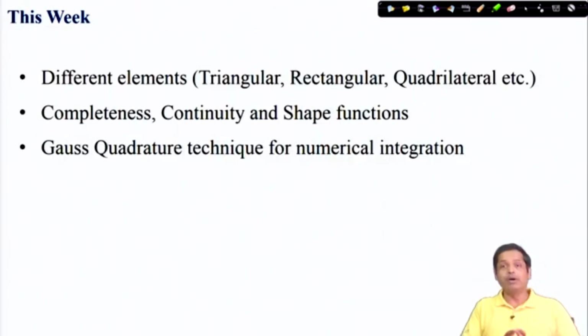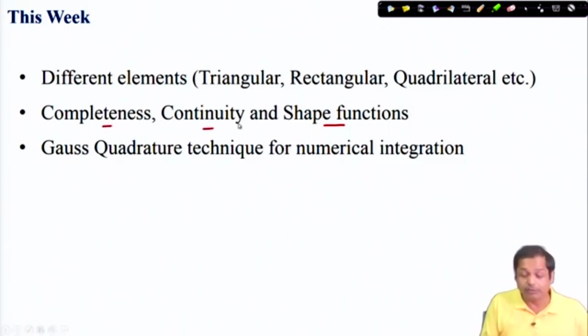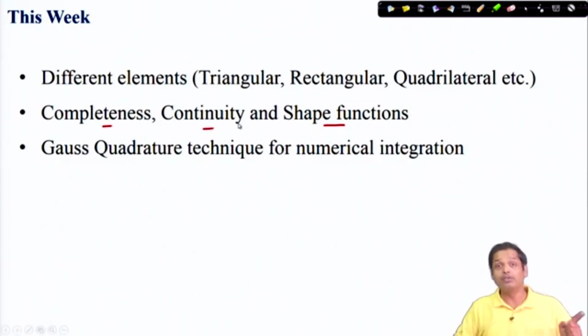Now in this week, we will first see the different element types: triangular, rectangular, quadrilateral, and all other possible elements we have. We'll have a discussion on the construction of shape function, which is one important task to be done, but the discussion on construction of shape function cannot be isolated from the discussion on completeness and continuity, because we have seen that shape function should be constructed such that the continuity and completeness requirements are both satisfied.